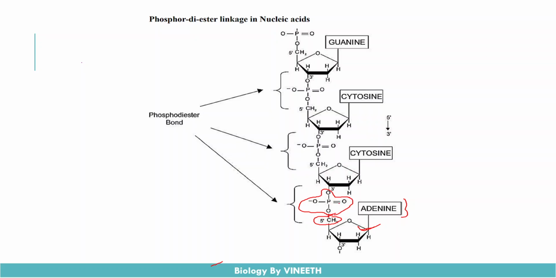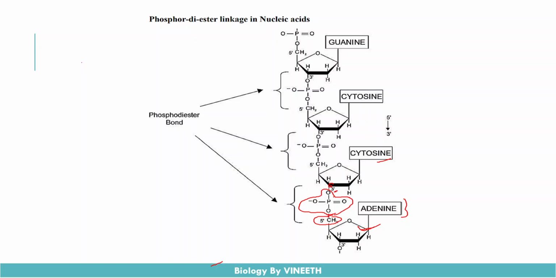This phosphate molecule present on the 5th carbon will get bonded to the 3rd carbon of the above nucleotide. The above nucleotide is the cytosine nucleotide. So this phosphate molecule on the 5th carbon will now bond with the hydroxyl group of the 3rd carbon of the cytosine nucleotide.